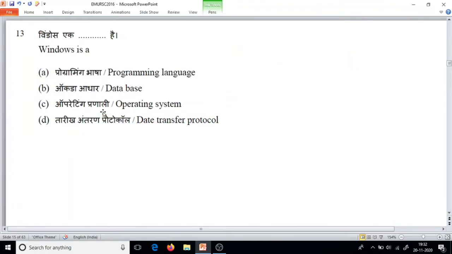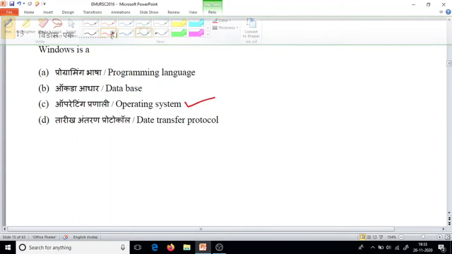Question number 13. Windows. What is Windows? Windows is an operating system. Then programming languages. What are some examples of programming languages?